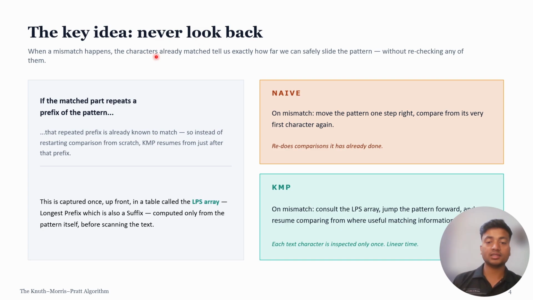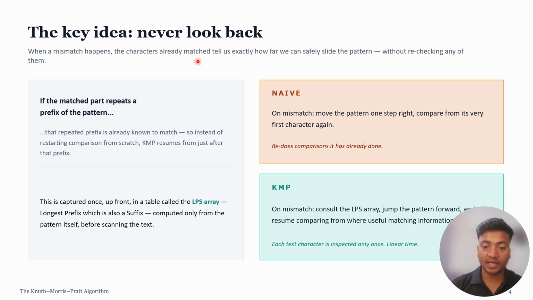The key idea of KMP. The main idea of KMP is very simple. Instead of starting from the beginning after every mismatch, KMP remembers the characters that have already matched. It stores this information in a simple table called the LPS array.